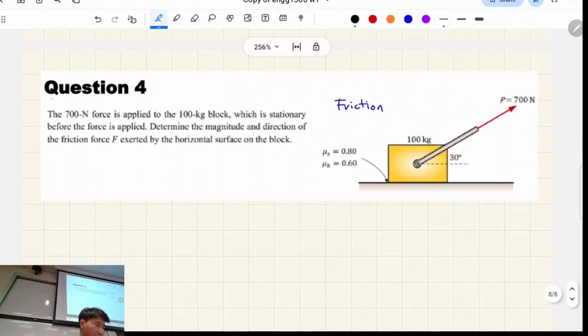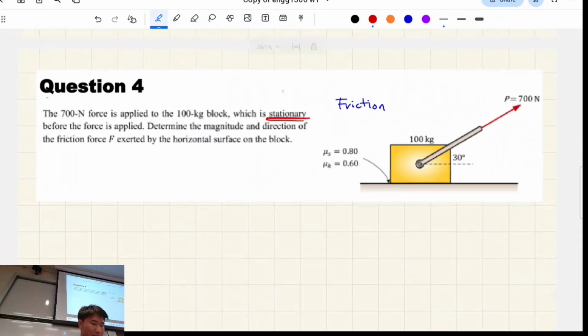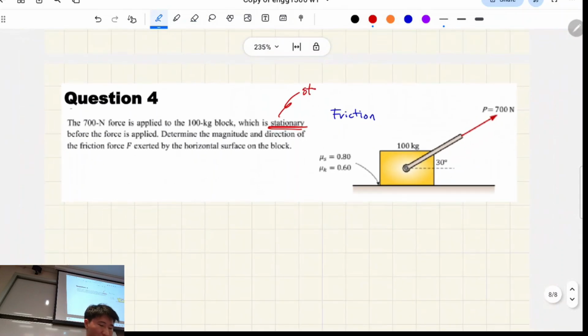I just want to talk about friction a little bit first before we head into this question. Why this is a static question is because it tells you at the start that the block is stationary, and there has to be some amount of force applied to it before it starts moving. That's what we call a slip. You'll see this word used every now and then.